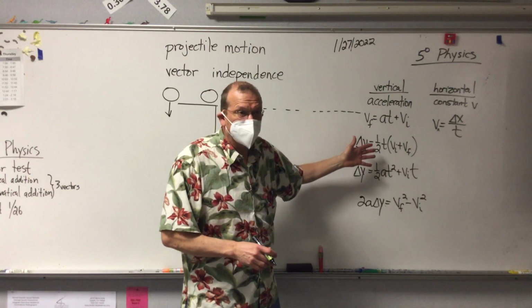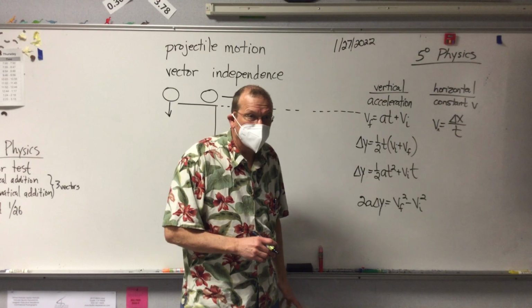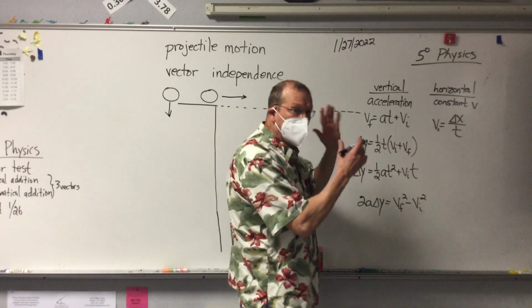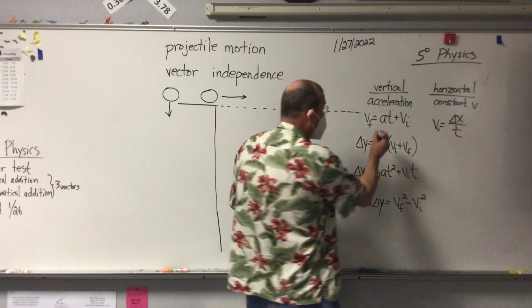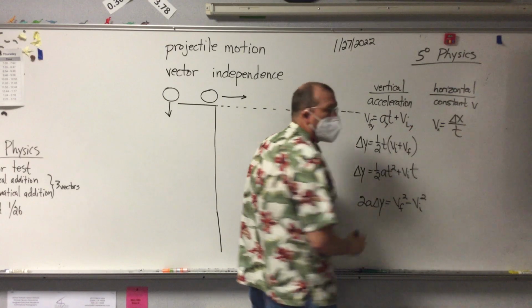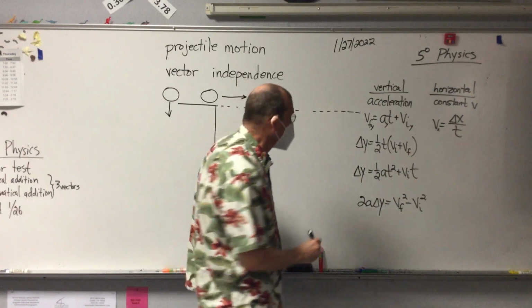So what are we going to have to do over here? Any y? Okay, anything that is really in the y dimension, we have to add a subscript of a y to. And so that also applies to the vf and the vi.